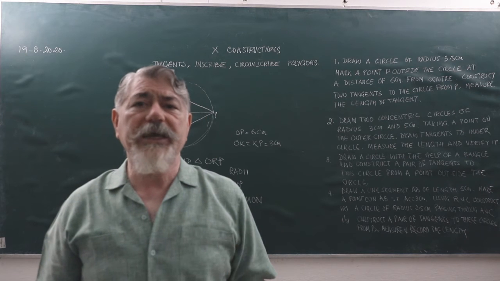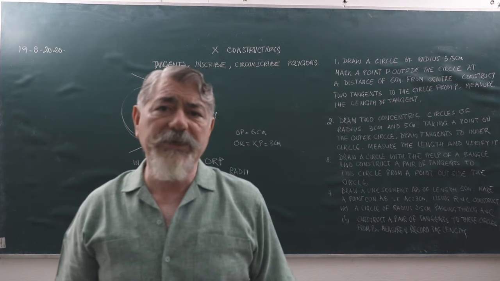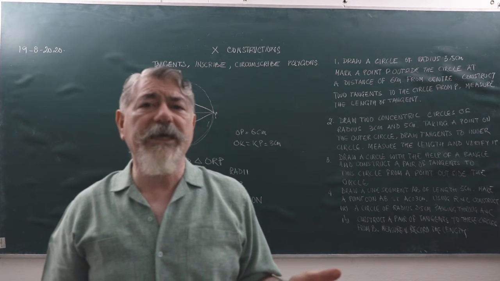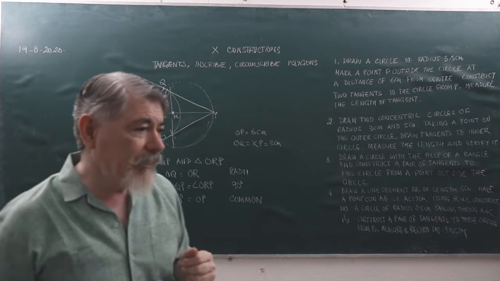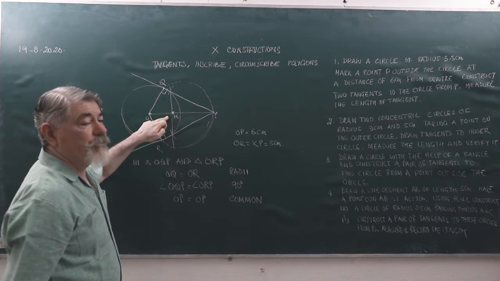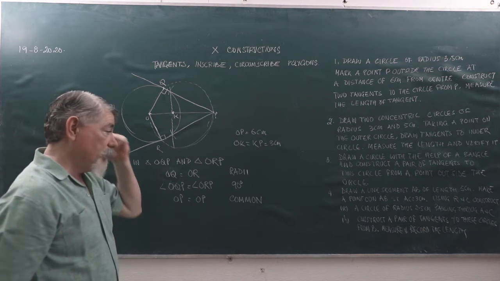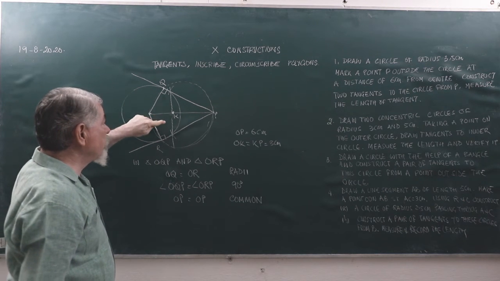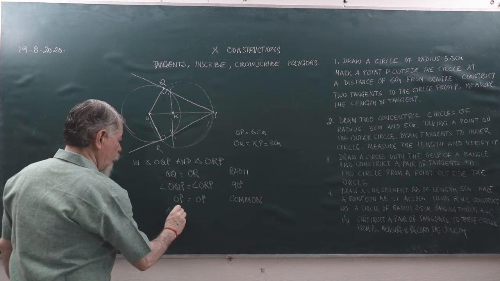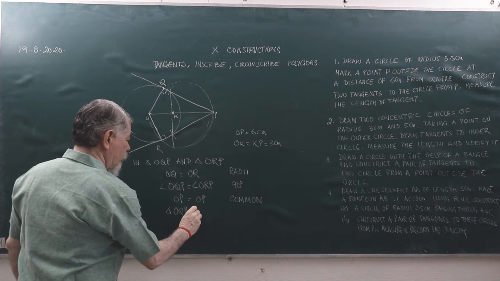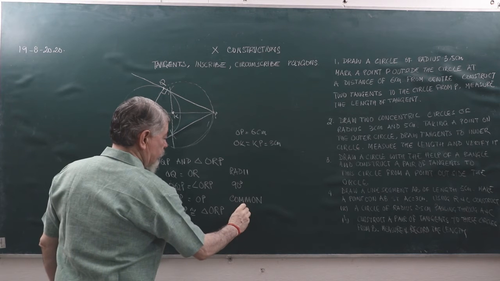Because the side in a right angle triangle opposite to the right angle is always the hypotenuse, because the biggest angle in a right angle triangle is 90 degrees, and the side opposite to 90 degrees will be the biggest side, and it is called the hypotenuse. So these two right angle triangles are congruent to each other. Triangle OQP is congruent to triangle ORP by RHS.